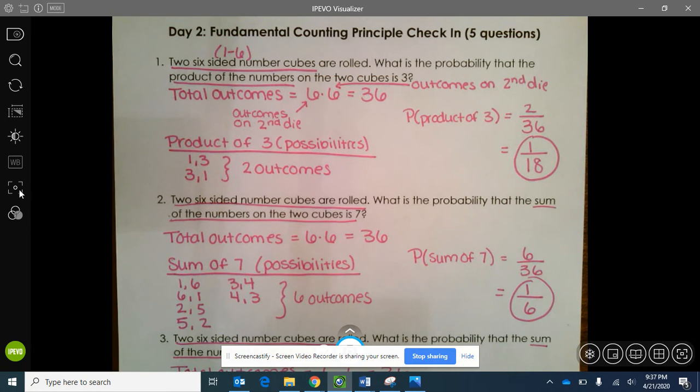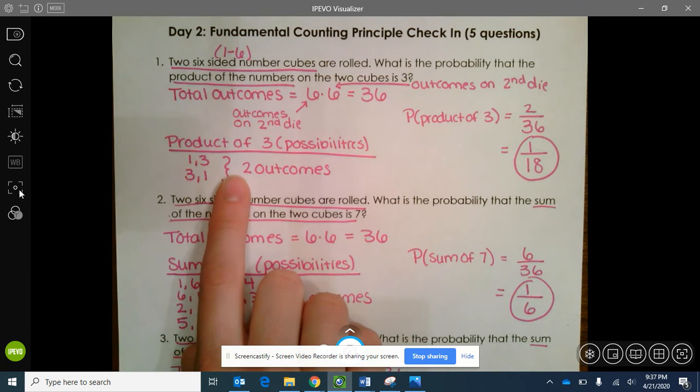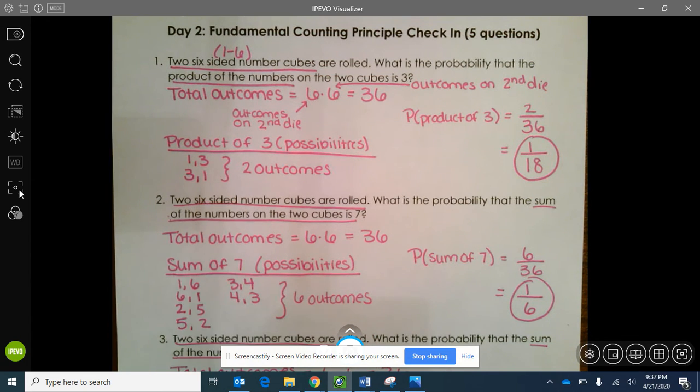Now, the next thing you want to take a look at is they're asking us for the product of the numbers to be a 3. So product means the 2 numbers on the cubes should multiply to 3. So what I like to do is I like to make a list of all the ways that we can multiply to 3. So you could have 1 on the first die and 3 on the second die. The reason why this works is because 1 times 3 is 3.